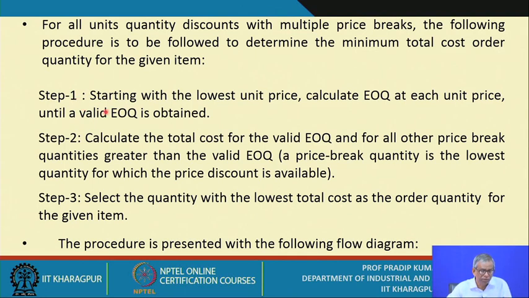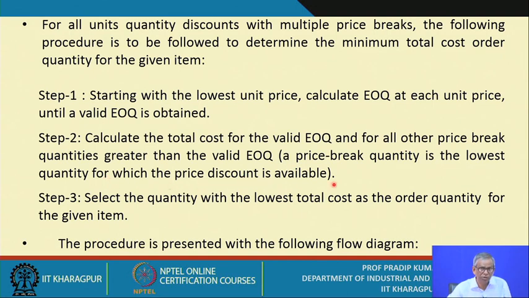Step 1, starting with the lowest unit price, calculate the EOQ at each unit price until a valid EOQ is obtained. Step 2, calculate the total cost for the valid EOQ and for all other price break quantities greater than the valid EOQ. A price break quantity is the lowest quantity for which the price discount is available.